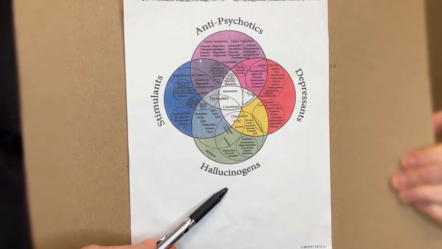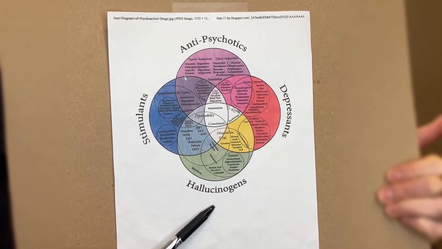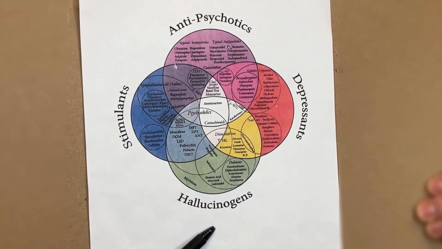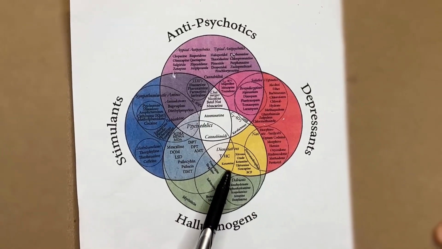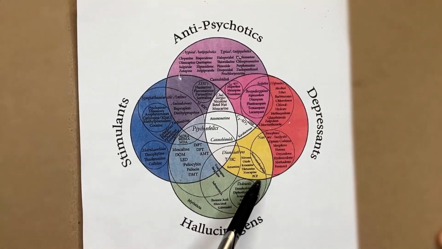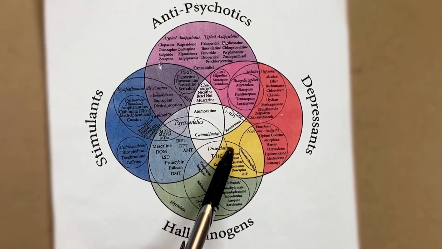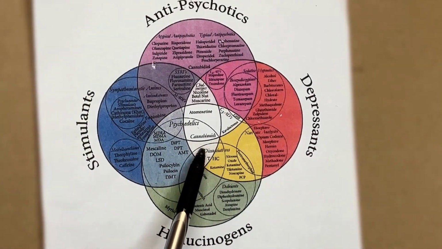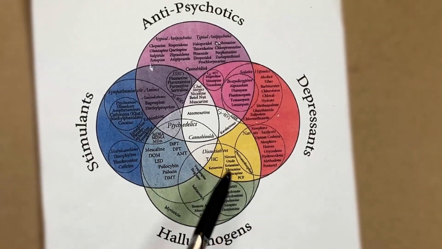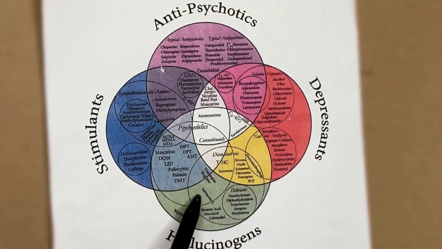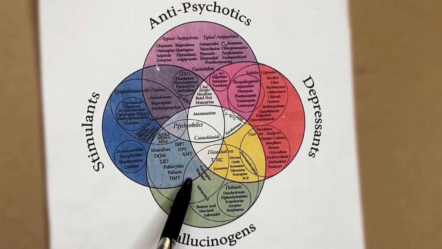So this is a Venn diagram. It's got a lot of information in there, and I'm going to keep it brief. Ketamine is right here, and what I want you to observe is that ketamine is under the category of what we call dissociative. In a high dose, ketamine is a dissociative anesthetic, and it's under the circle of dissociative.